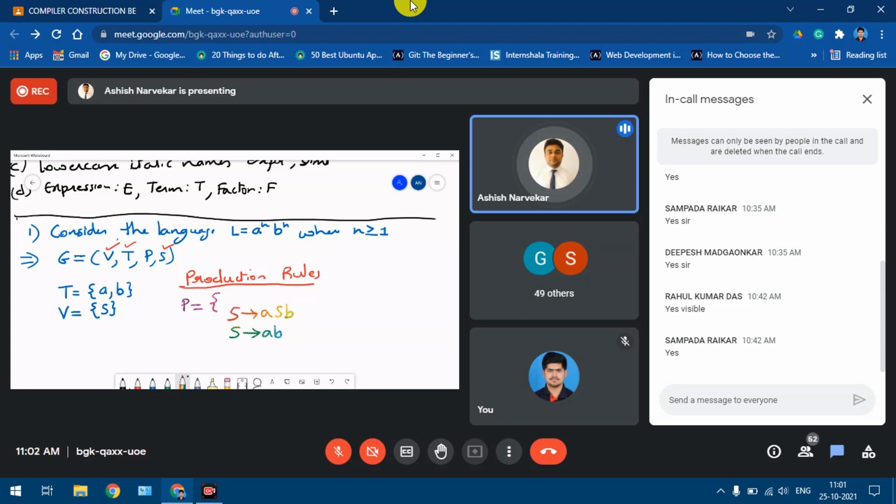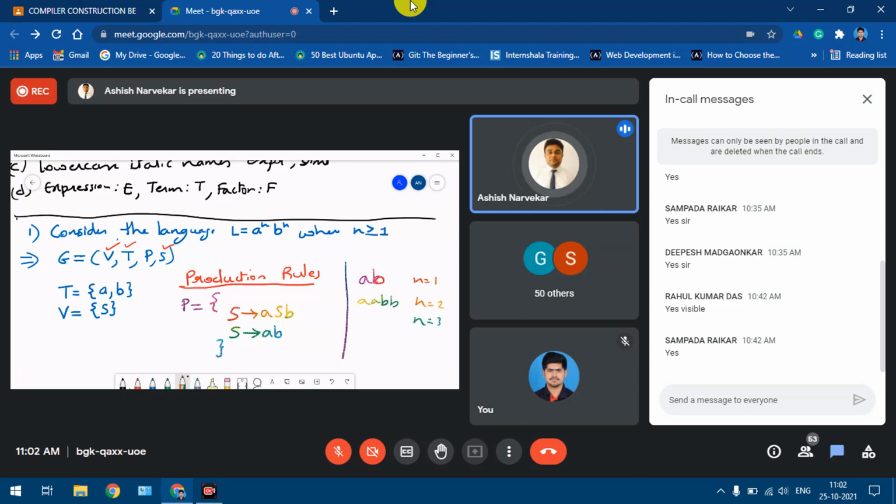Now how do I know that I need to define these two production rules? For that, I should understand which are the possible strings for this particular language. We can have the smallest string, that is ab, because n is greater than or equal to 1. The smallest value of n is 1, so a raised to 1, b raised to 1 gives us this. If I put n equal to 2, it will be aabb.